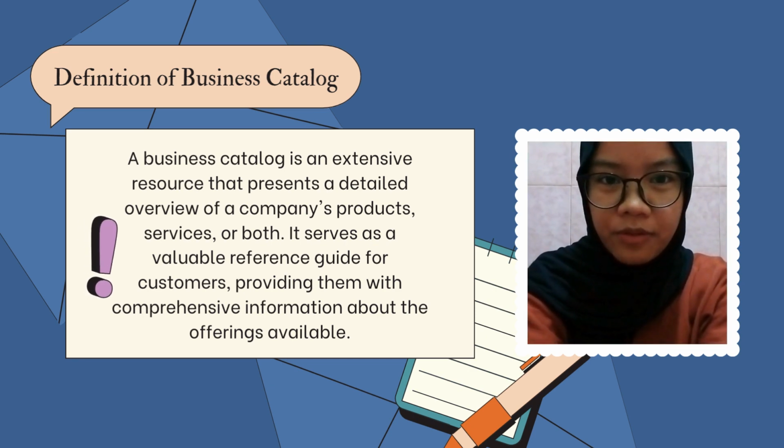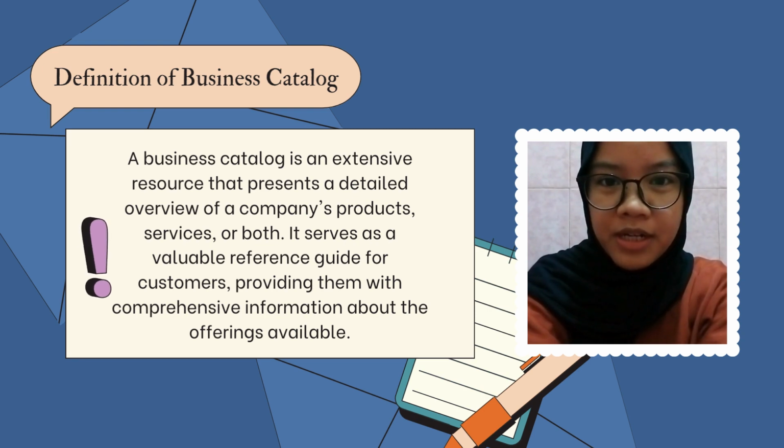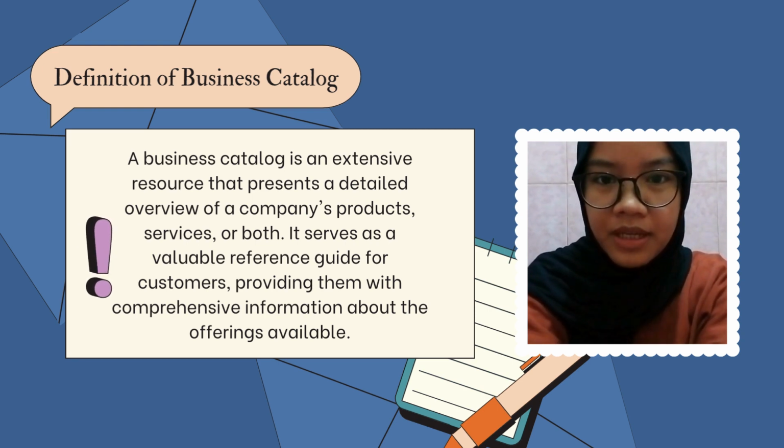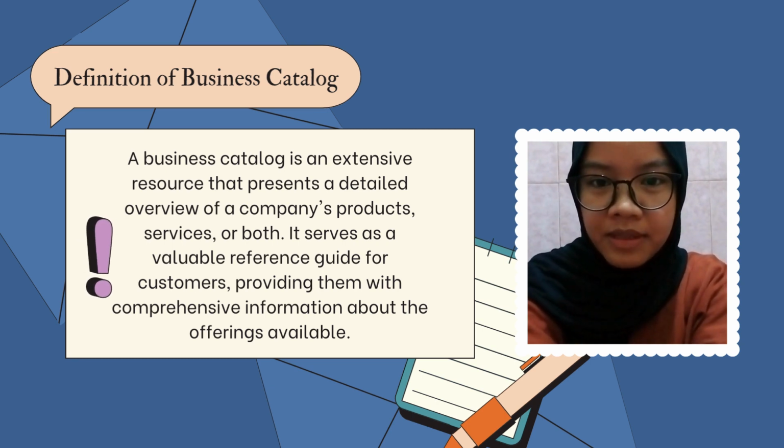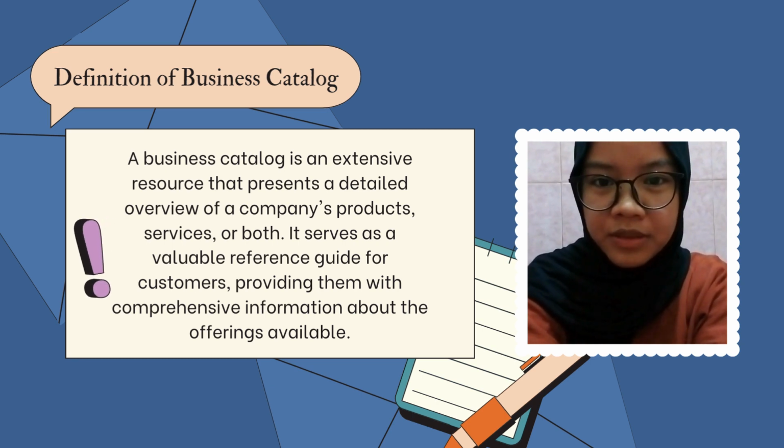Whether in digital or printed format, catalogs offer detailed descriptions of products and services, including specifications, features, and benefits. Visual elements such as photographs or illustrations are often included to provide a clear representation of the offering, enhancing the browsing experience for customers.